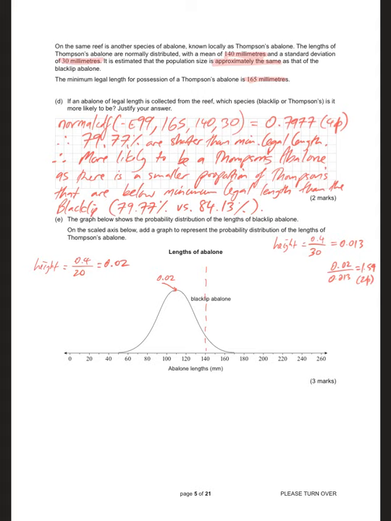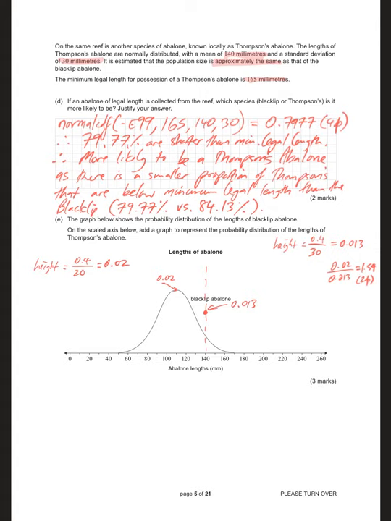So that's telling me that the Thompson's abalone height should be about 2/3 of the way up, because the black lip is 150% of it, so we need to mark off about there, that's going to represent 0.013.